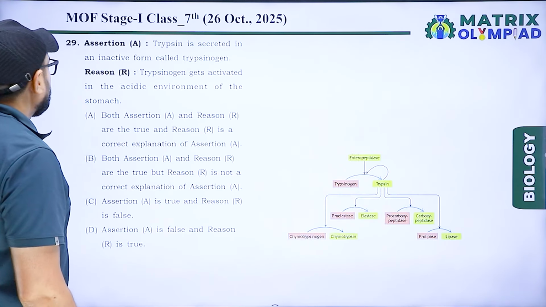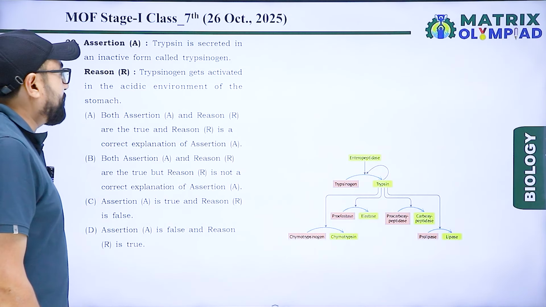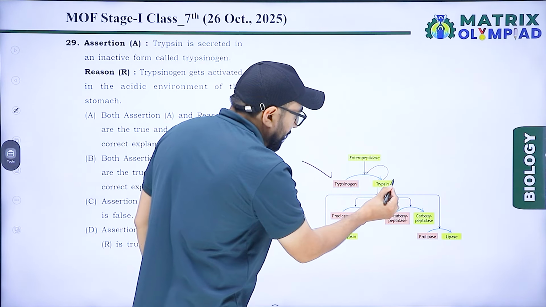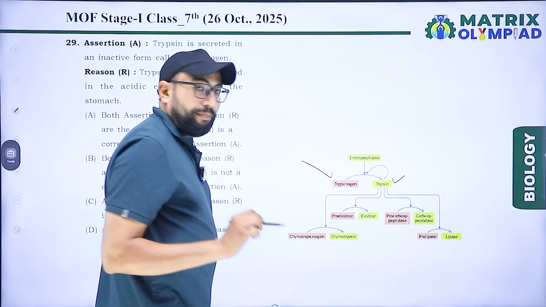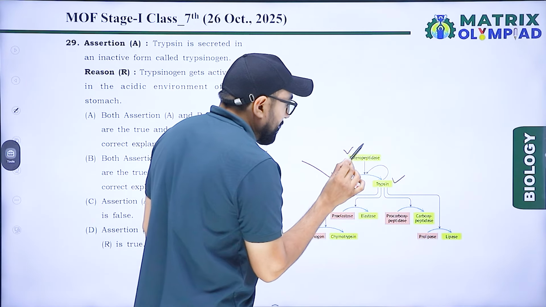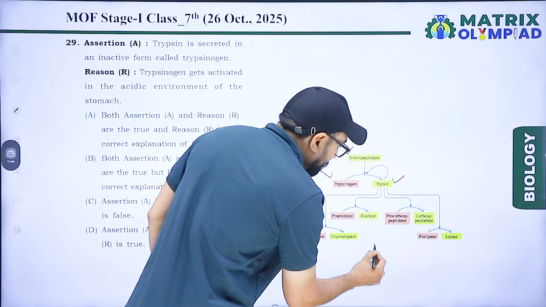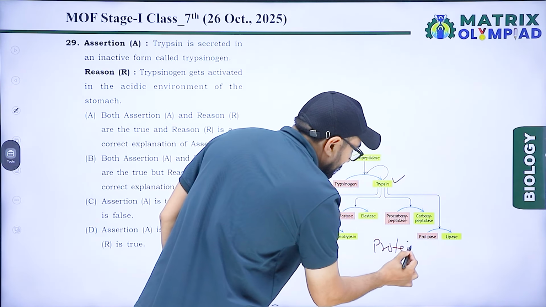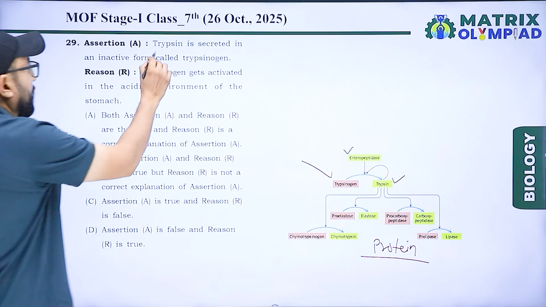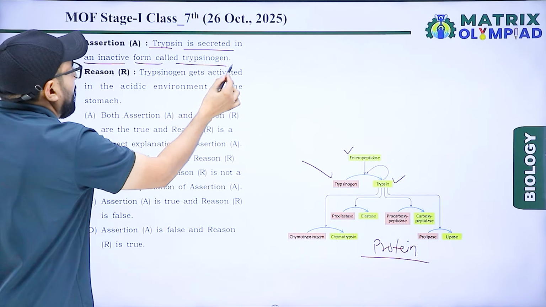Next, assertion and reason for trypsin and trypsinogen. First, trypsinogen converts into trypsin in the presence of enteropeptidase for digestion of protein. Assertion: trypsin is secreted in an inactive form called trypsinogen.